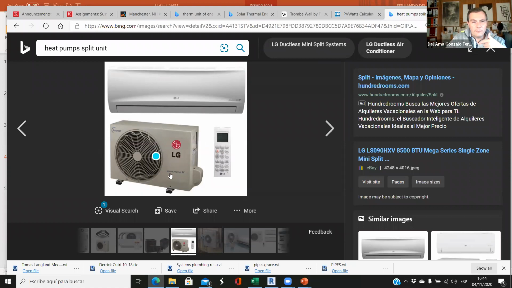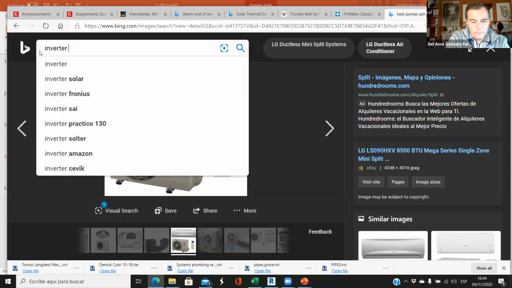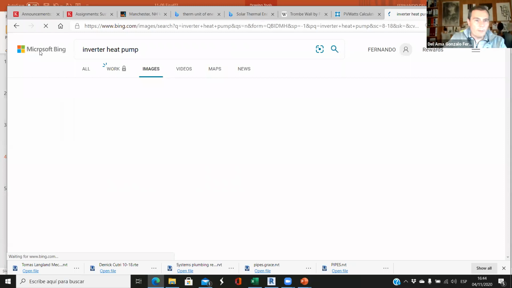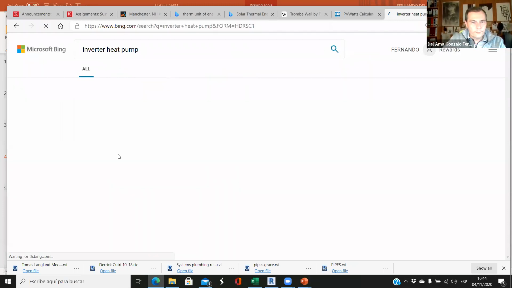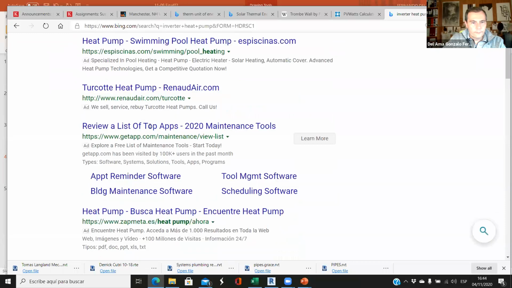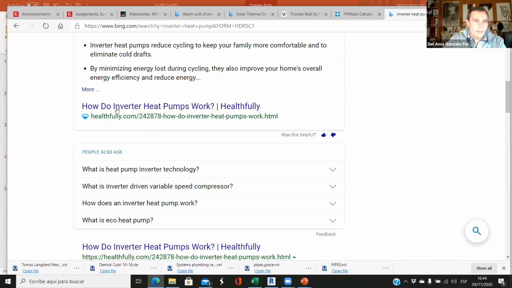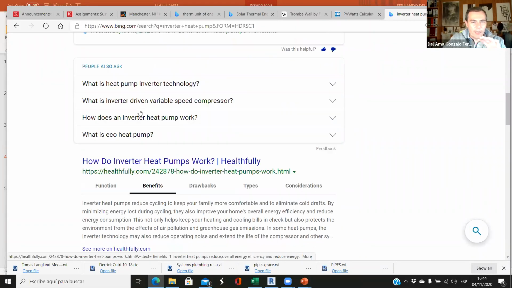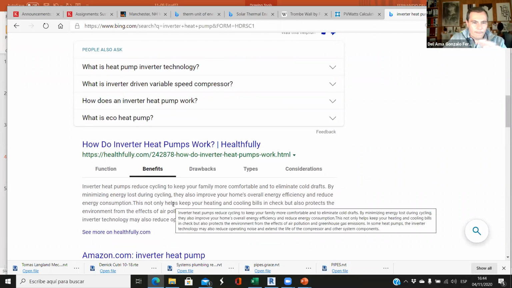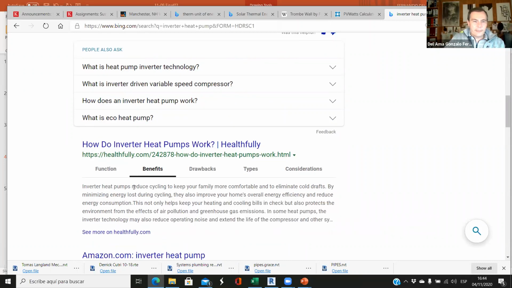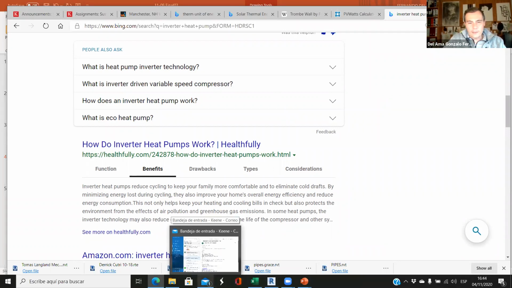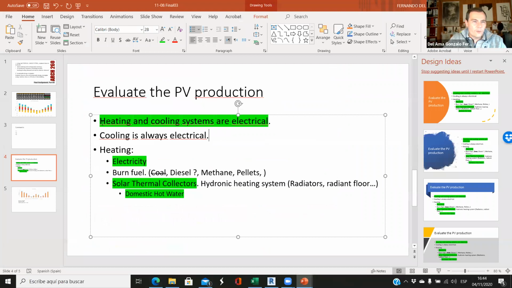Okay, so if we have a system which is an inverter heat pump, okay, so when you have these inverter heat pumps, that means that you can use this for heating and cooling. It's not as simple as this, but we can say that anyway, you can use an electrical heating and electrical cooling system. So there's an option to do that. And this is what we are doing now.